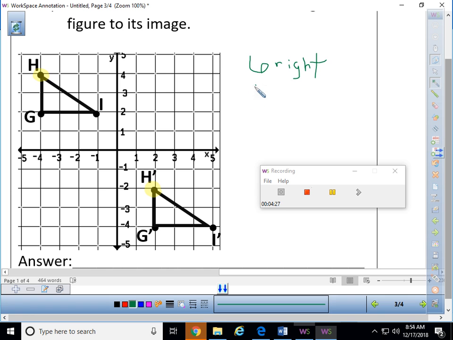Notice we usually do the right and left first, and then the up and down, because when we graph a point, we always graph the x, y. We always start with the x movement, and then the y movement. X is side to side, Y is up and down, and we think about it the same way when we do a translation. So 6 right, 6 down.